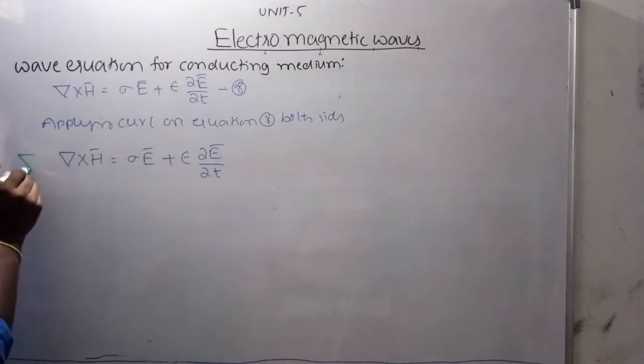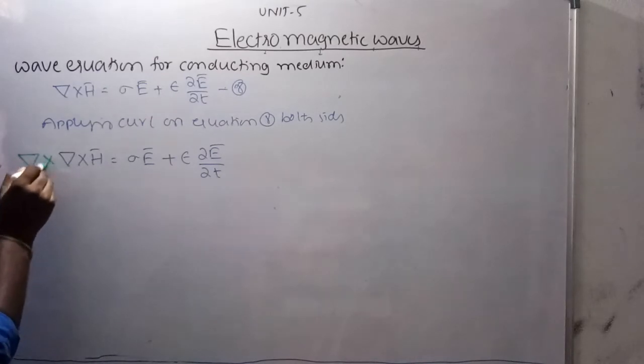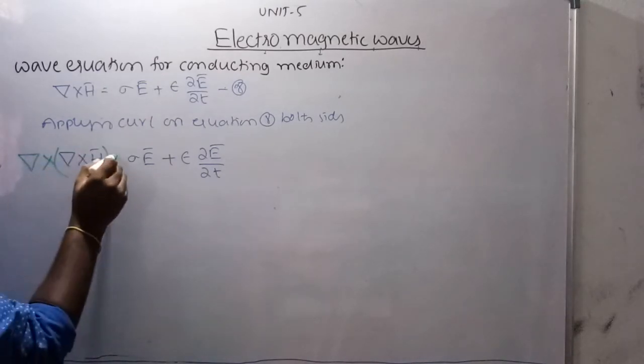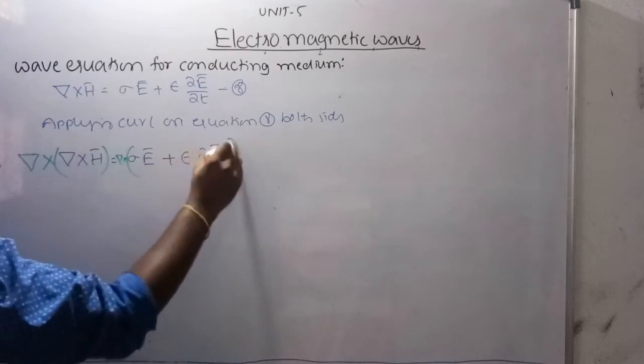Applying the operator curl means applying del cross on both sides of this equation.